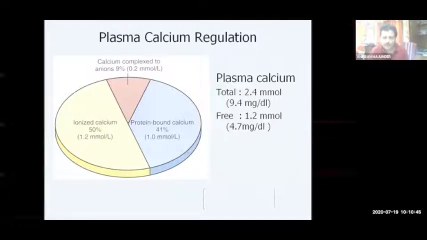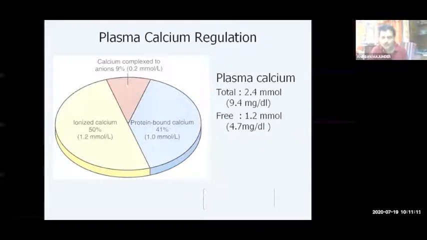Therefore it is easy to understand that a change in the serum albumin level will have a significant impact on the total calcium value. We know that every 1 gram per dL decrease in the serum albumin value is associated with a 0.8 milligram per dL reduction in the serum calcium.